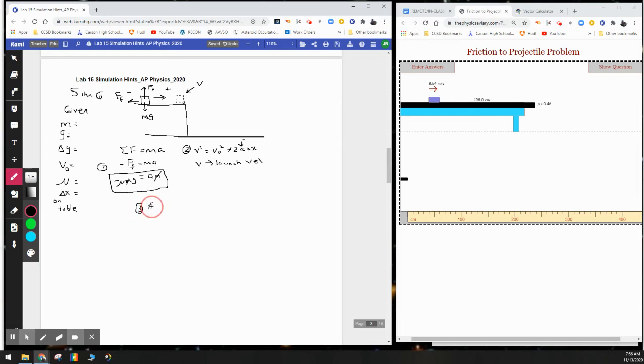Okay, so step three, now that we have that. In any projectile motion problem, we need flight time. Now remember, when it launches right here, theta is going to be 0. As we do with any projectile motion problem, the initial velocity in x is going to be v0 cosine of theta.